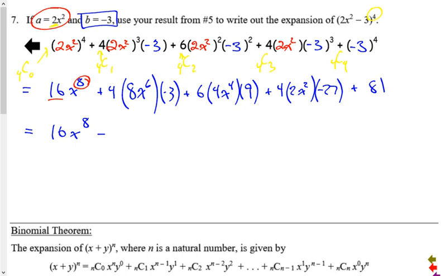I know there's a 216 in here somewhere. 8 times 12, 96, negative 96, x to the 6th. Yes, the next one, plus 216 x to the 4th. I think the next one too is a 216. This one should be a minus.